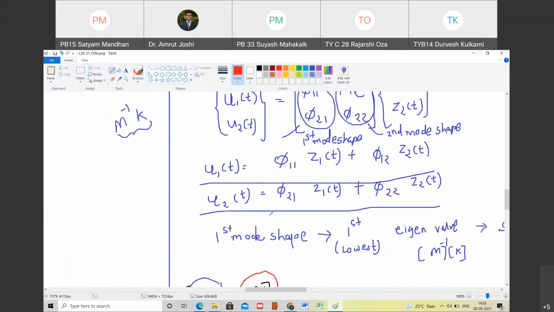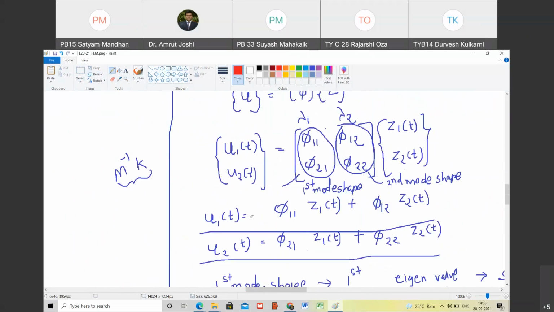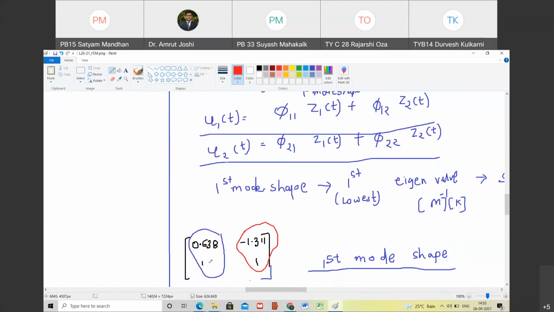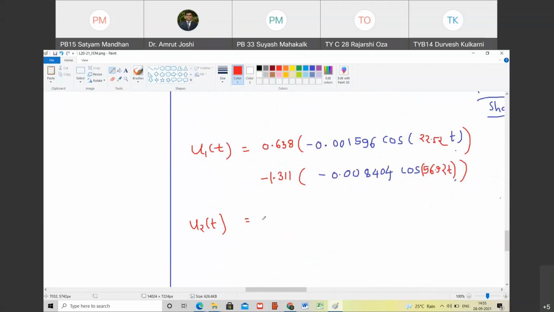Yes. So in that case, it is going to be equal to 1 1. Are you with me? Yes, sir. So 1 into Z1 of t plus 1 into Z2 of t. Happy? Yes, sir. So 1 into Z1 of t is this quantity itself.